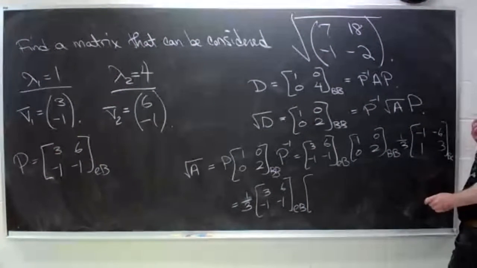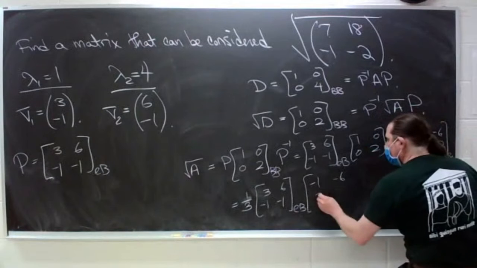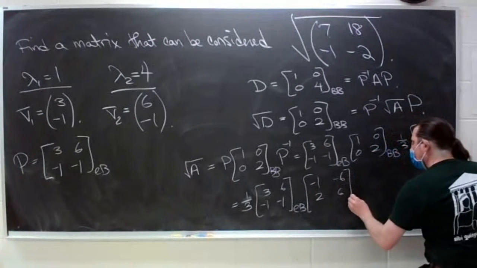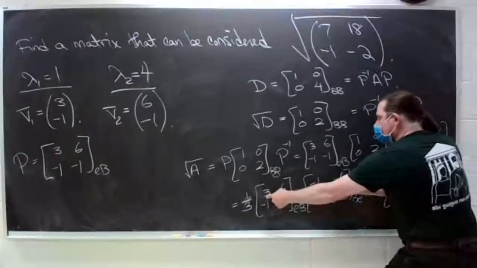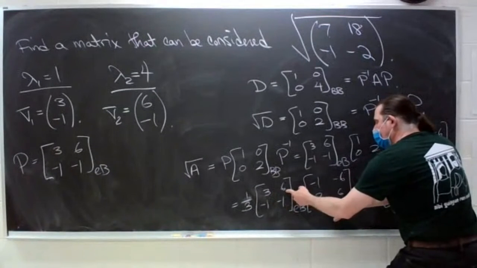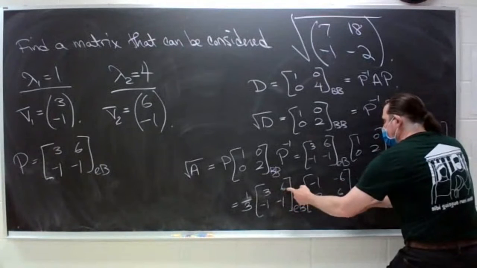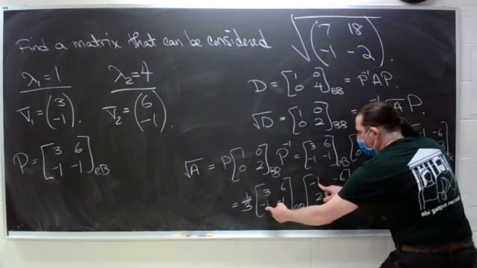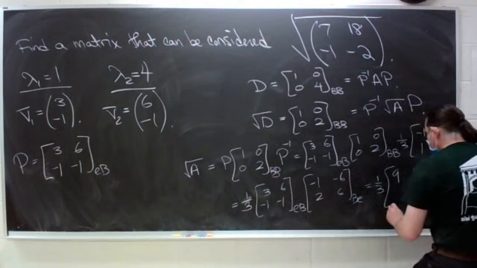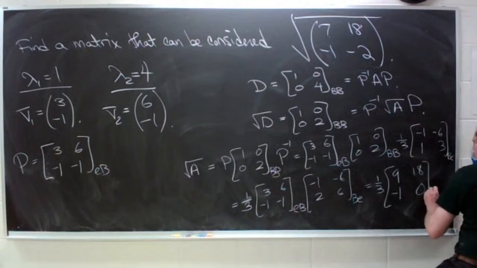So that's going to be the top row and then 2 times the second row. So we'll have -3 plus 12, -18 plus 36, 1 minus 2, 6, 6.